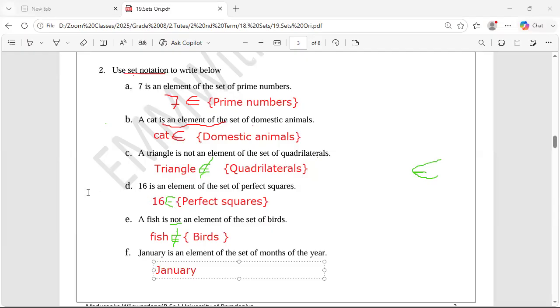January is an element of the set of months of the year, right? Months of the year. So these should be the answers. First of all, open curly bracket, right? Then close curly bracket. Right?